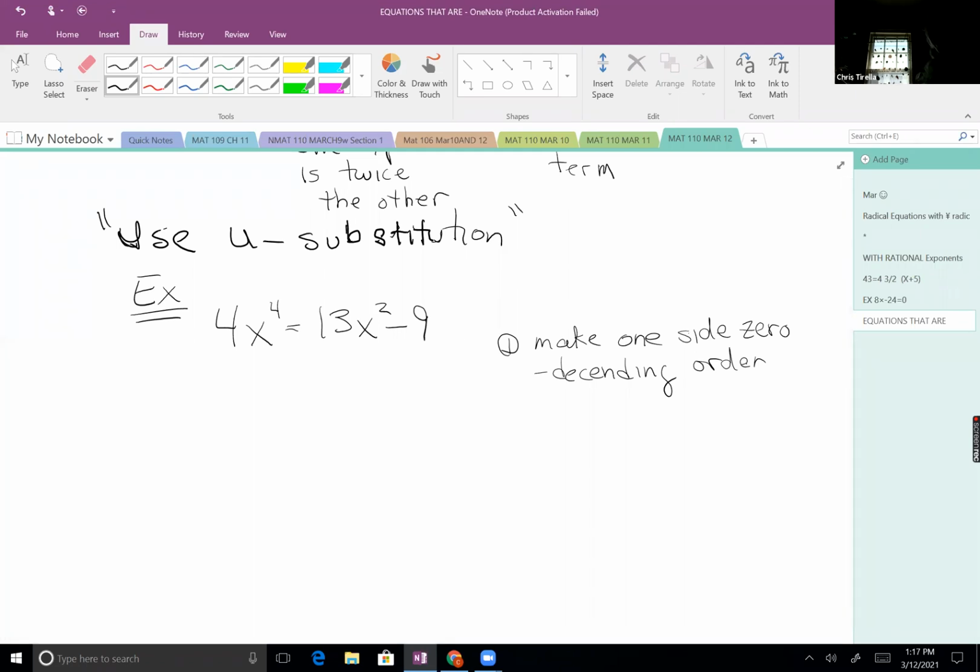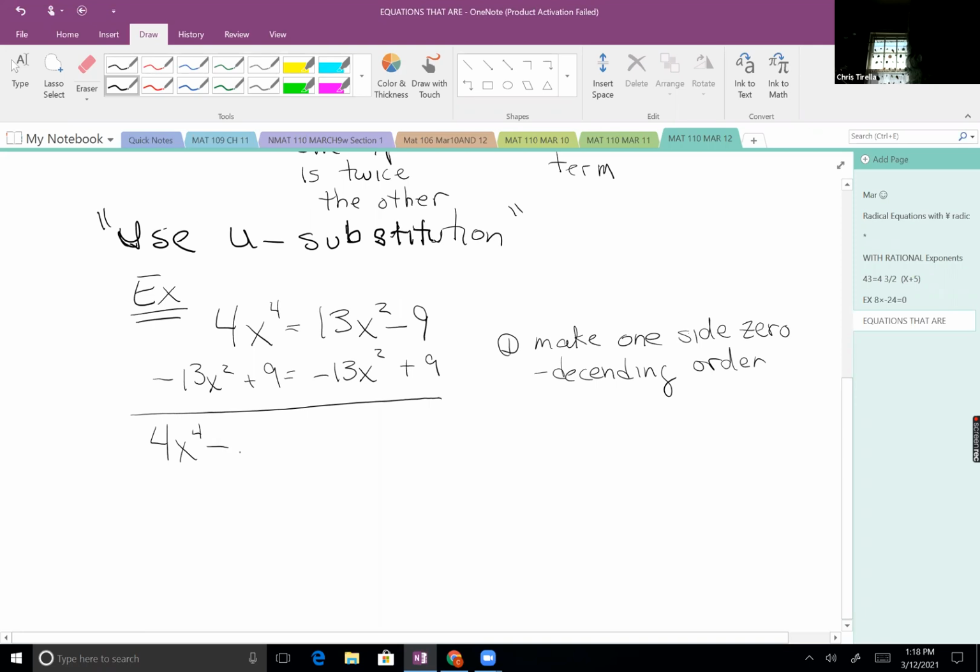So, does everybody see that here? That would be subtracting the 13x squared from both sides and adding the 9 to both sides, giving me 4x to the 4th minus 13x squared plus 9 equals 0.